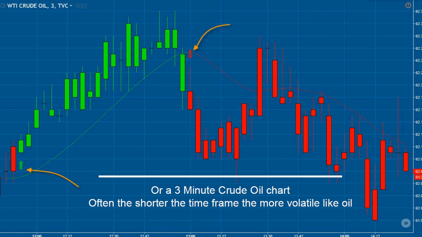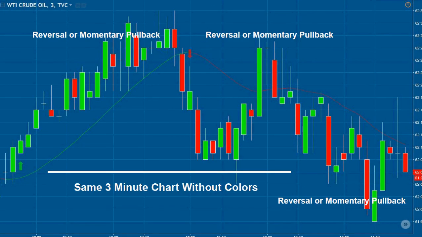Now, I just want to show you what this chart really looks like. This is what a crude oil chart really looks like. Very difficult to trade. And by taking out the indecision and just replacing it with the true trend, we actually kind of ignore a lot of the indecision point of view. We ignore that.